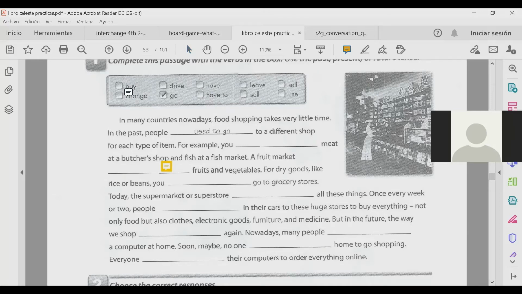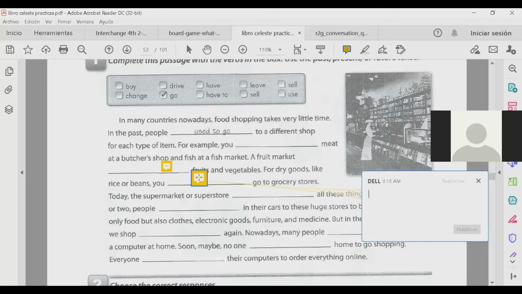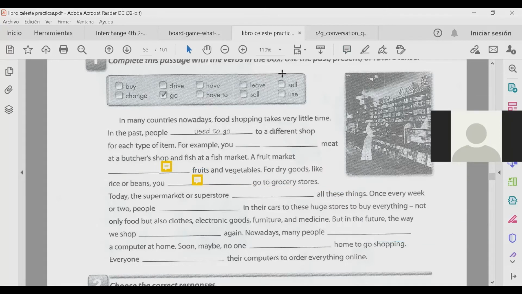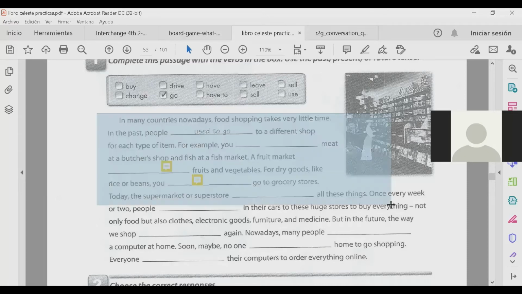Have or have to or change or leave or have to. Okay, exactly. Look at that, guys. Have to, because we have go in there. So for dry goods like rice or beans, you have to go to grocery stores. Okay. This is the past, guys. Look at this. This is the past.